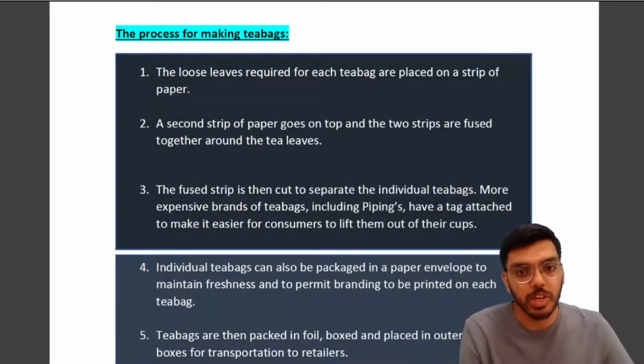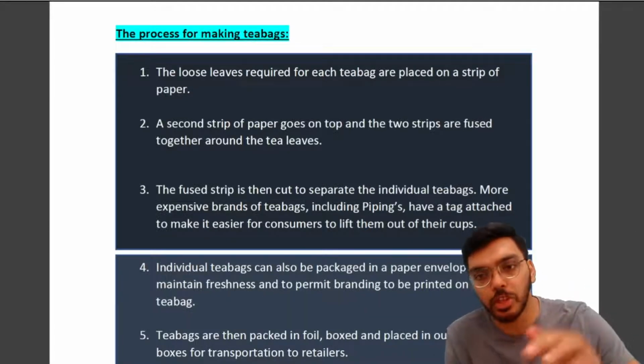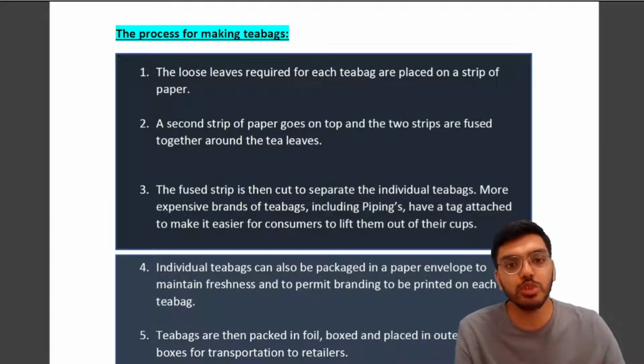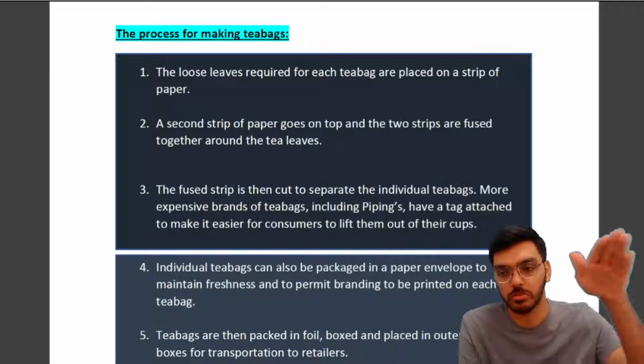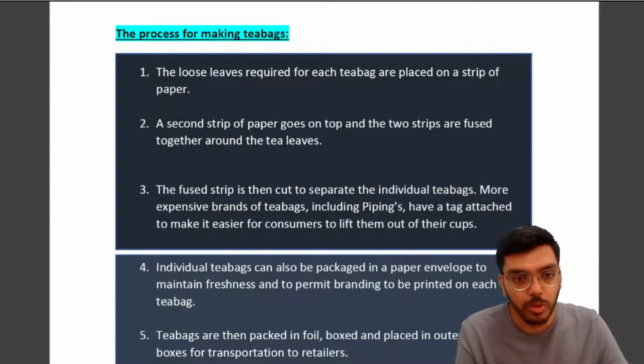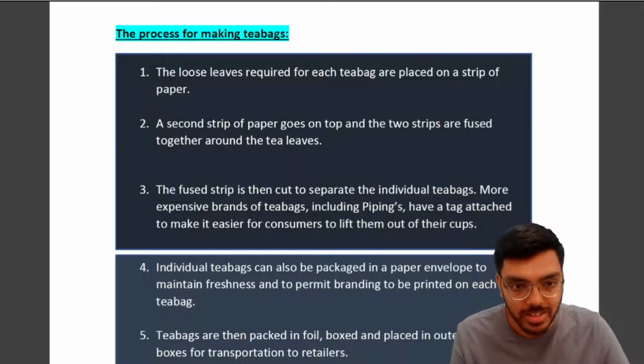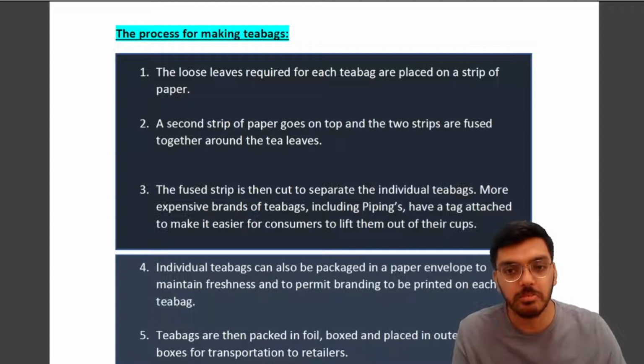A second strip of paper goes on top, and these are fused together around the tea leaves. So tea leaves in the middle, strip on the bottom, strip on the top. The fused strip is then cut to separate the individual tea bags. More expensive brands of tea bags, including Piping's, have a tag attached to make it easier for customers to lift them out of their cups.